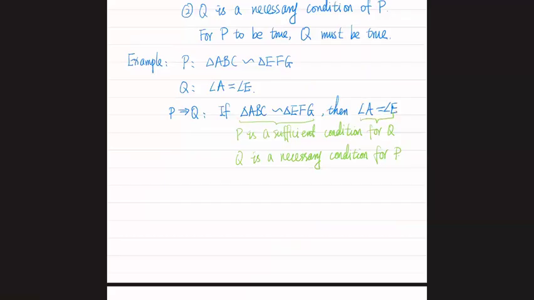Now, if the other way also holds, if the converse is also true, so if P implies Q and Q implies P, this means the two statements are equivalent. Okay. This means P is a sufficient condition for Q, and P is a necessary condition for Q. Sufficient, necessary.